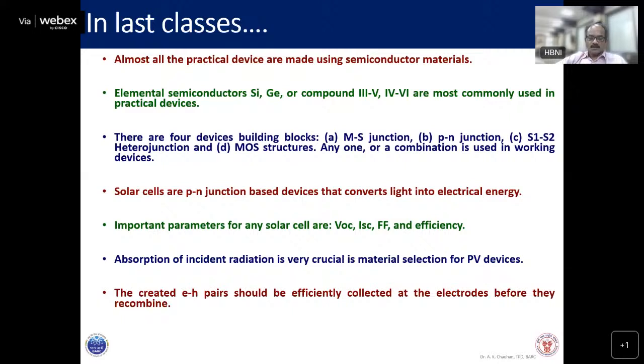There should not be recombination. And for maximum absorption of the solar spectrum, multiple junctions can also be used, where a high band gap solar cell material is at the top, and just below that we put a low band gap solar cell material.